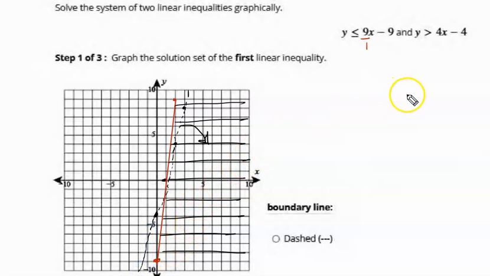Okay, so again, this one is shaded, and I'll use blue here to shade that. Above the line, all this is shaded here. But remember, this is an and. So what is the area then of intersection?